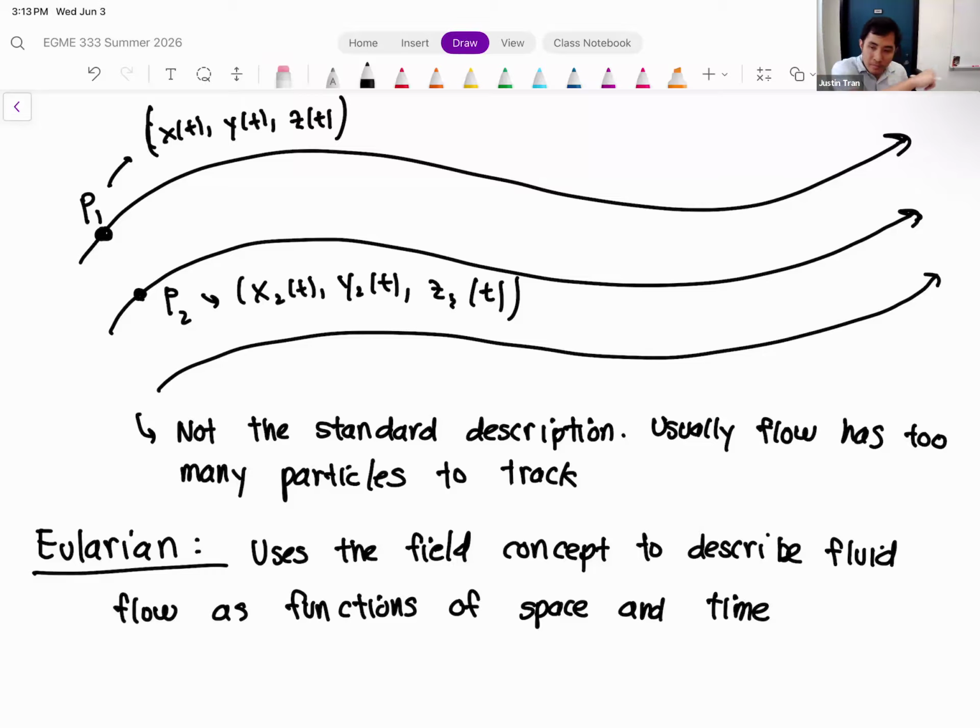Right, so we've already introduced the idea of a velocity field, right? That's what we talked about yesterday. So the standard way to describe that is the Eulerian description.